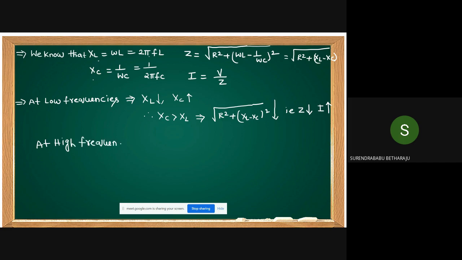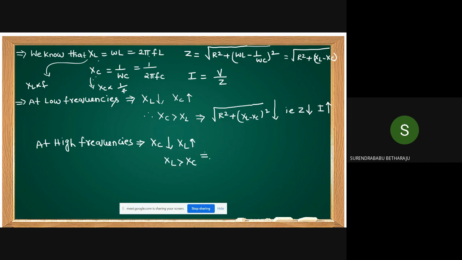Now, at high frequencies, come on students, XC is inversely proportional to frequency. Please remember this: XL is proportional to F, but XC is proportional to 1 by F. At high frequencies, XC reduces but XL increases. That means XL is greater than XC.